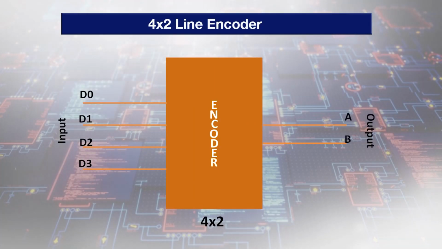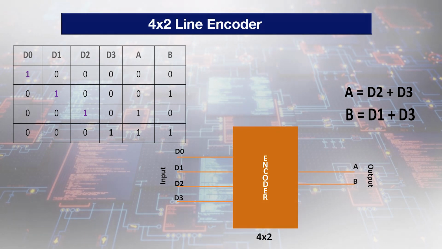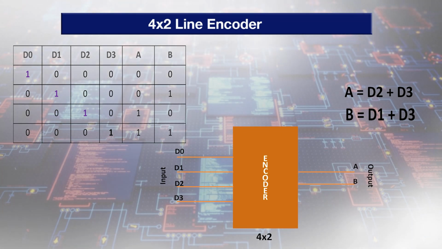Now let us see the logical circuit for this 4-line to 2-line encoder. As you can see from the truth table, output A is high when either D2 is high or D3 is high, which means the logical expression for output A is equal to D2 plus D3.